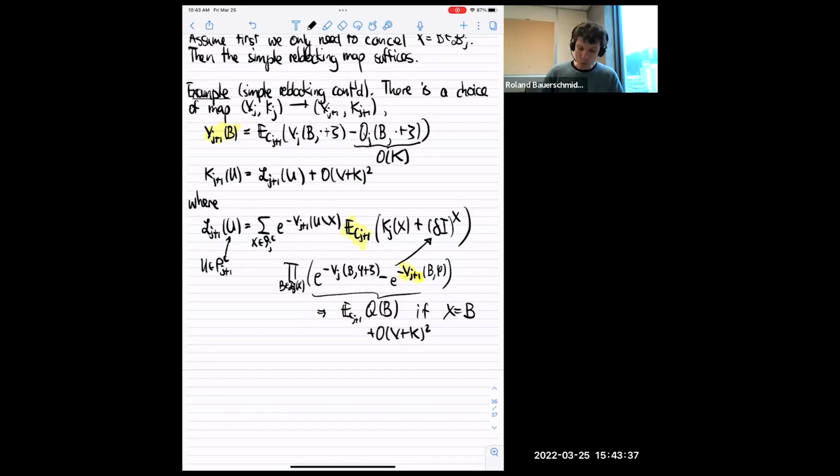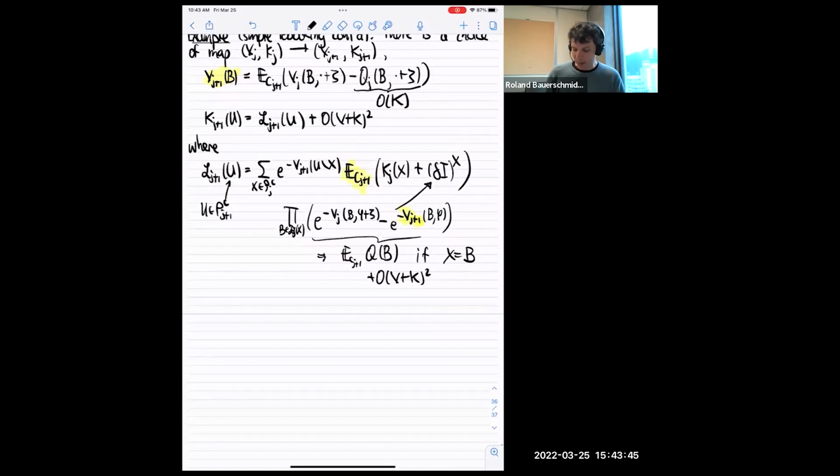Now this Q, I've not made any assumption on this. Previously, I tilde was arbitrary. Now this Q is arbitrary, but I can make a choice of Q now. I can choose this Q exactly so that it cancels log of K. So choose Q of B to be log B of K of B.